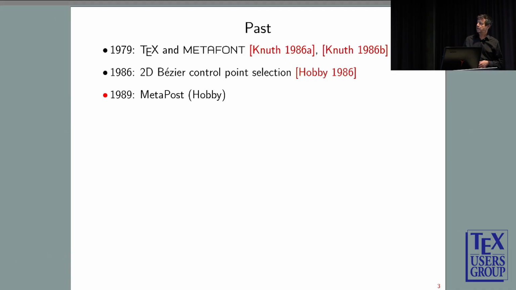But then in 1989, Hobby realized that if you can make nice fonts, then you could also make nice curves and do graphics. And so that was what began Metapost, and Metapost is what inspired Asymptote. Because when Andy Hammerlindell came to me looking for the summer job, I said, well, there is one thing I see.